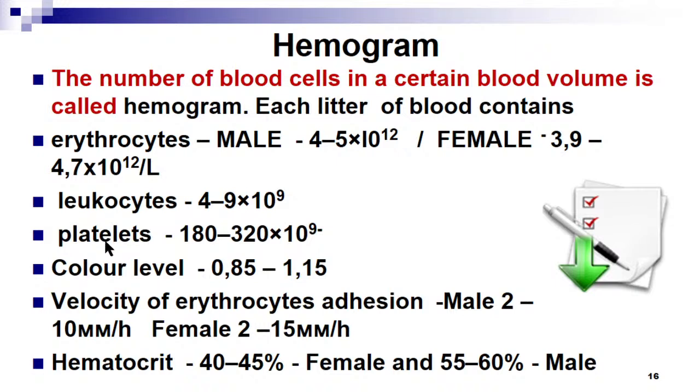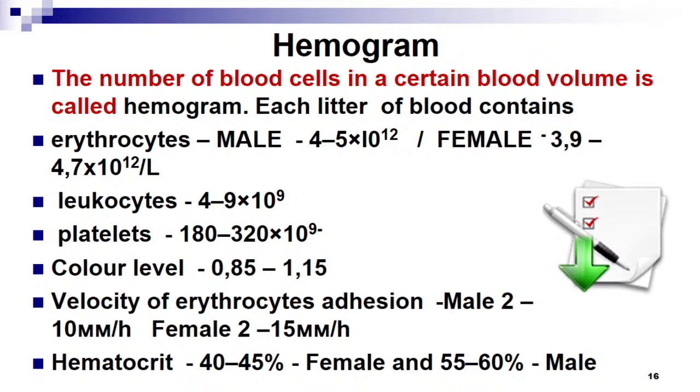Also, we have platelets: 180 to 320 times 10 to the 9th per liter. So you need to remember these levels, the volume of cells. You should remember the answer for each practical class and especially for control points.